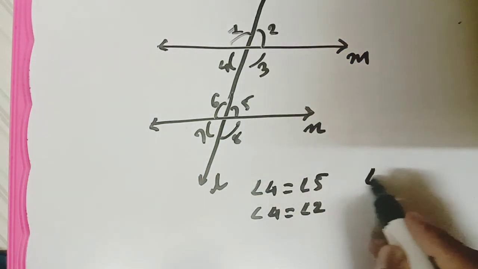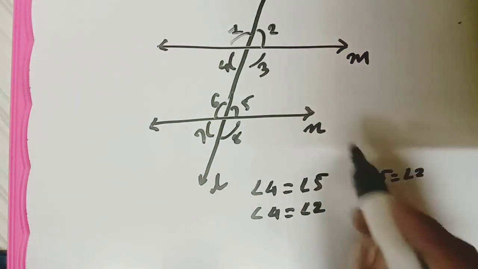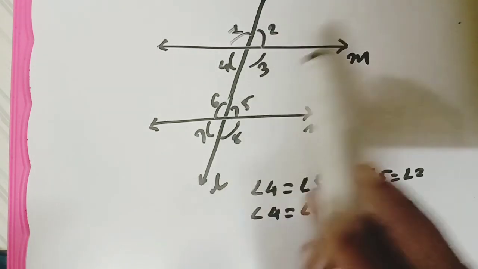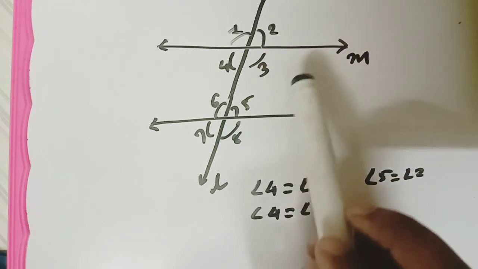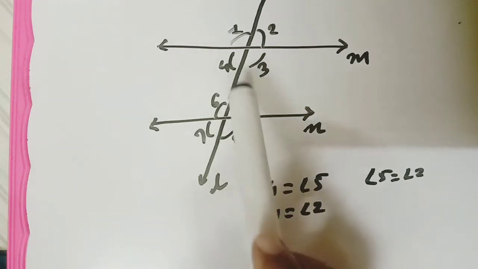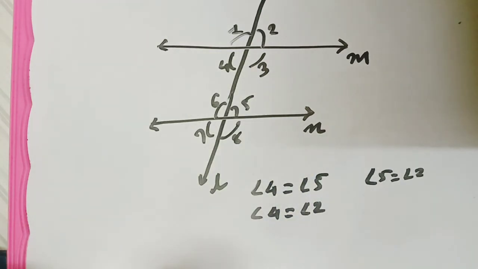So angle 5 equals angle 2, but we can see in the figure that angle 5 and angle 2 are corresponding angles. We already have studied the result that if corresponding angles are equal, then the lines are parallel. And so for the alternate angles also it is correct. Whenever two alternate angles are equal, the lines are parallel.